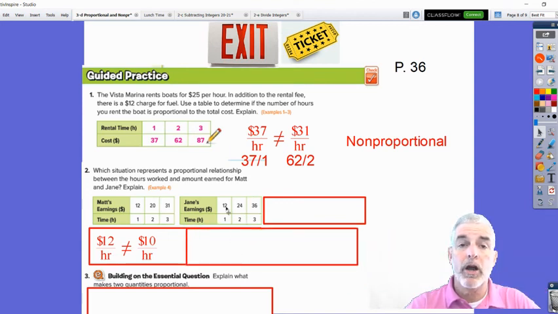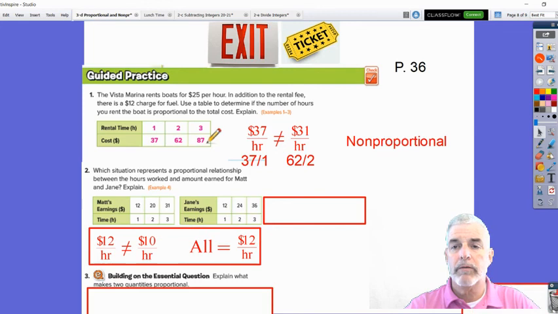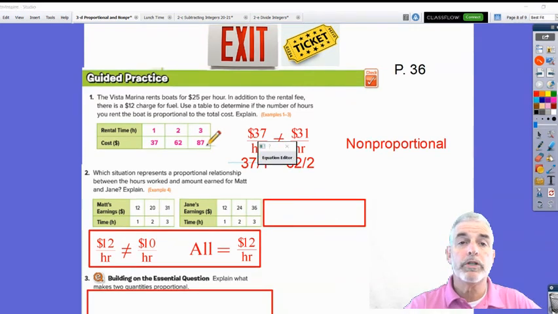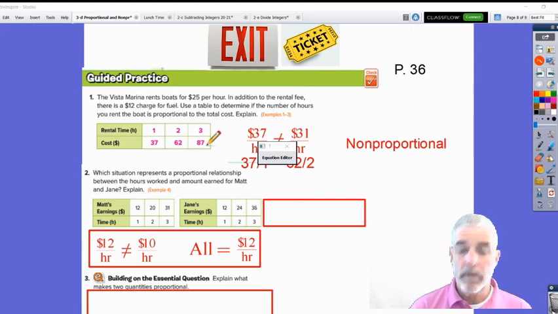Here, 12 divided by 1, 24 divided by 2, 36 divided by 3. Not sure why I didn't write all these out. Kind of bad. You can add them in here. So on this problem, we were doing 12 divided by 1. Then we were doing 24 divided by 2, which equals 12.